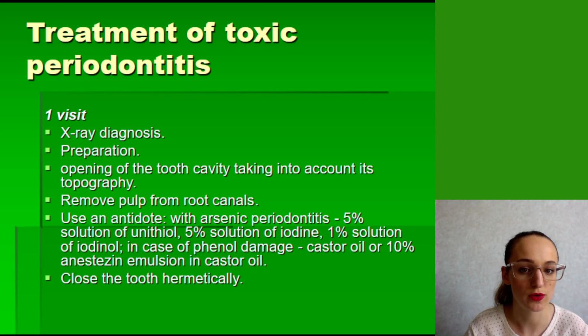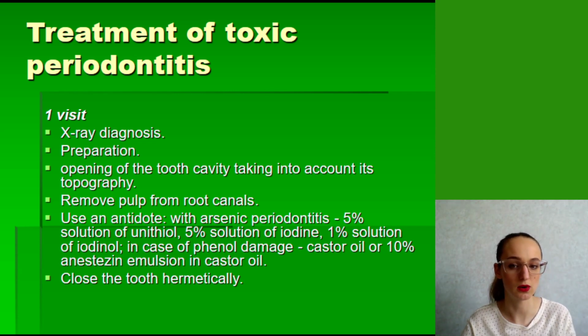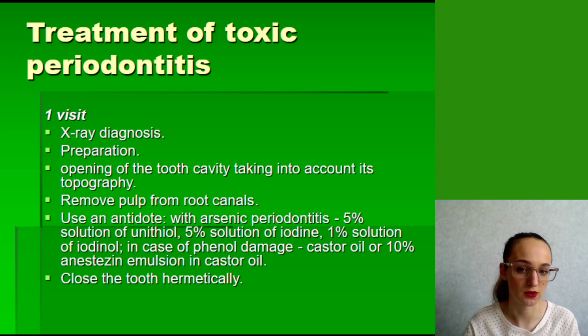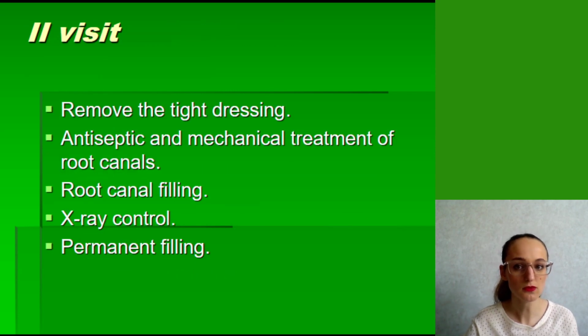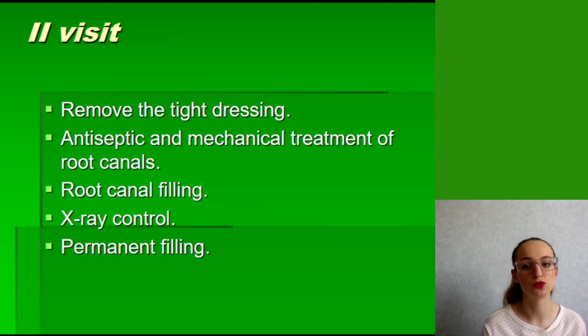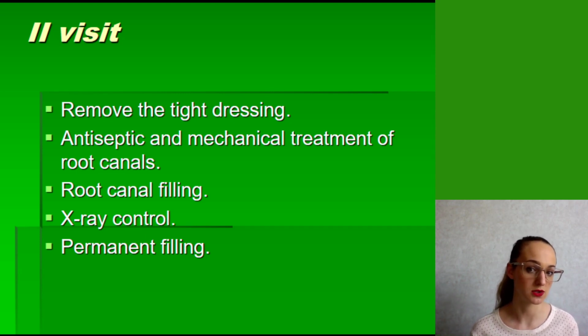In case of phenol damage, use castor oil or a 10% anesthetizing emulsion in castor oil. And close with a restoration. Second visit: remove the previous restoration, antiseptic and mechanical treatment of the root canal, filling, X-ray control, and permanent filling.